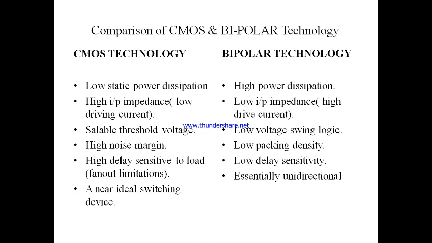Comparison of CMOS and bipolar technology. CMOS technology has low static power dissipation, high input impedance, that is low driving current, scalable threshold voltage, high noise margin, high delay sensitivity to load, that is fan-out limitations, and is a near ideal switching device.